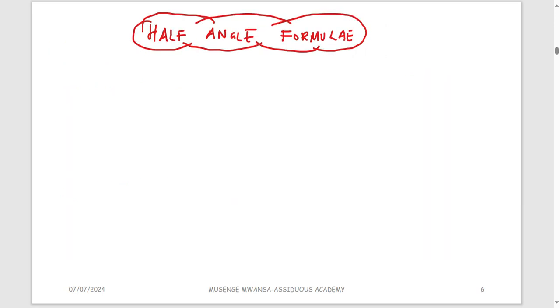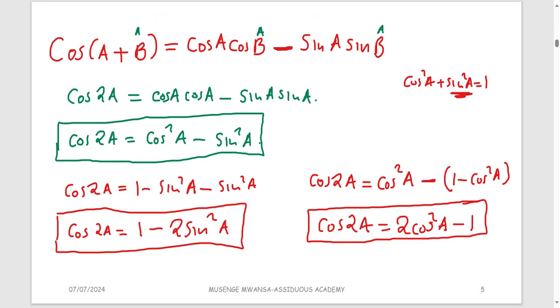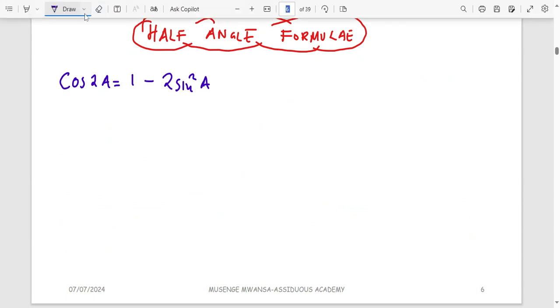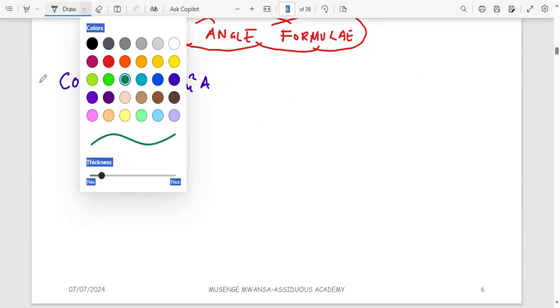So when you are deriving the half angle formulae, we are basically using these two, the ones I've written down, cos 2a. So I'm saying cos 2a is equal to 1 minus 2 sine squared a. And then the other one is the same two we derived from cos.